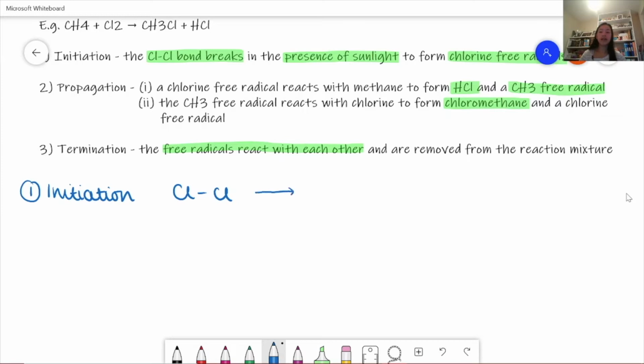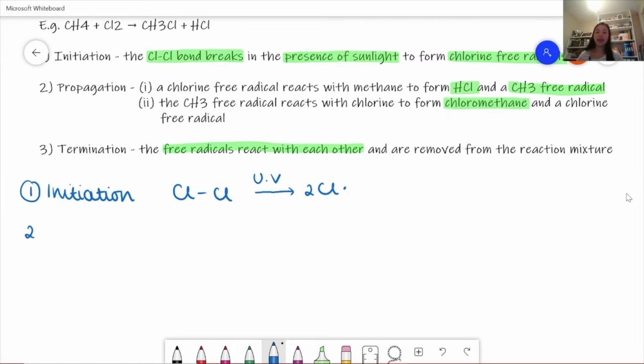And this, under the presence of sunlight, so we write UV, forms 2 of these free radicals, which we denote by Cl dot. And these are really, really reactive. And so these are what are used in propagation to form the chloromethane.